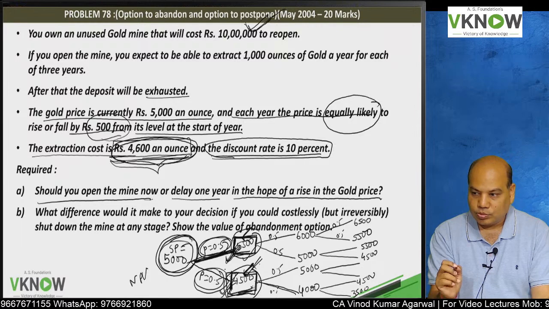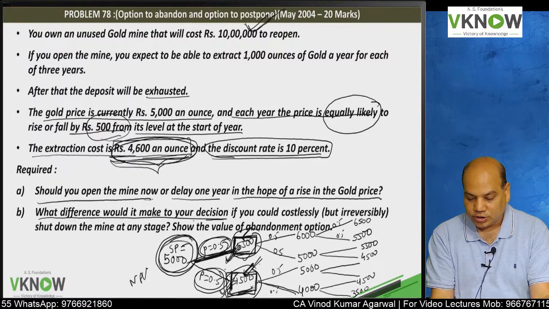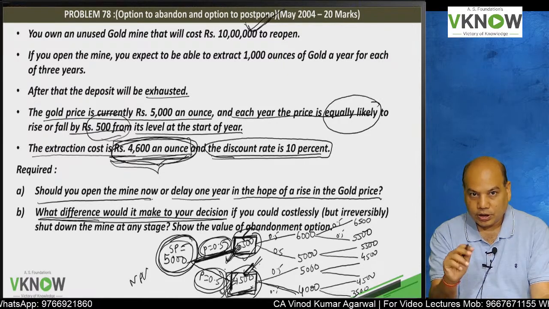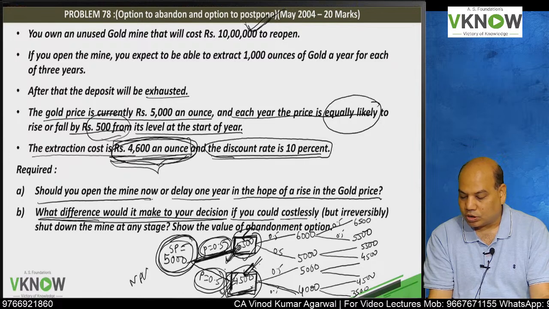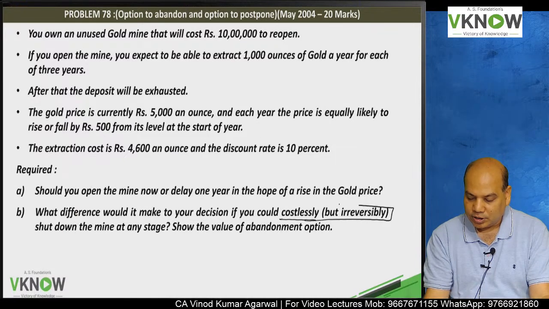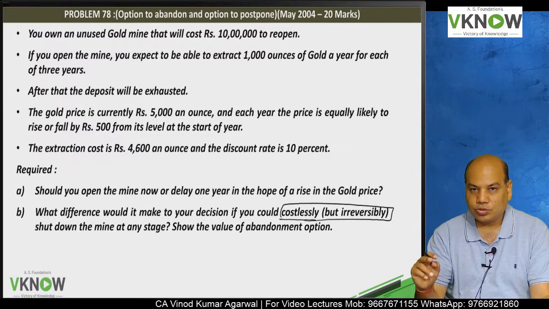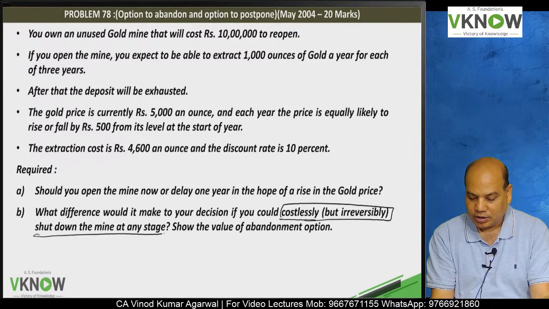Now they have added one more component. What difference would it make to your decision if you could costlessly, means without any cost, but irreversibly, once you take the decision you can't reverse it, shut down the mine at any stage?